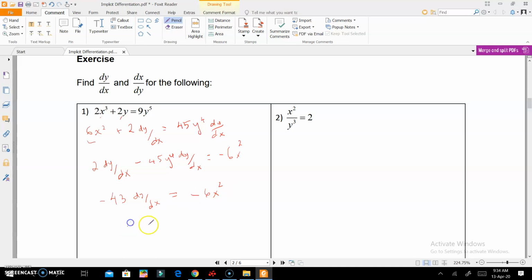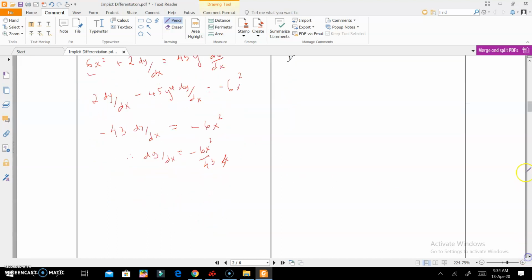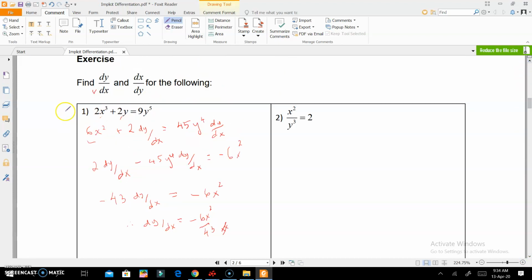Therefore you can see that the value of dy over dx equals negative 6x to the power of 2 divided by 43. This is when you answer a question regarding dy dx. Now let's see what happens if we want to find the second part here, where the question asks you to find also dx over dy.